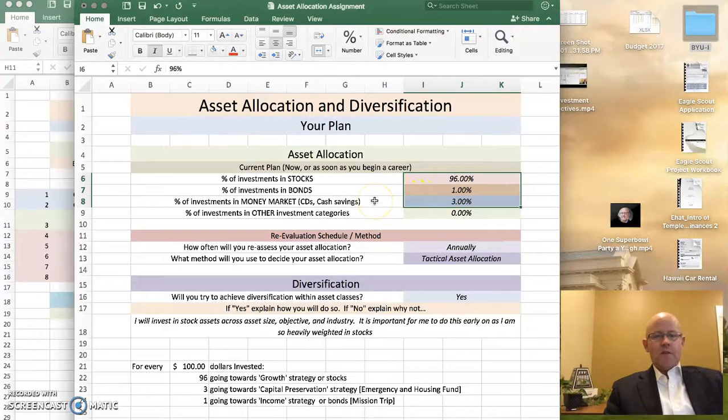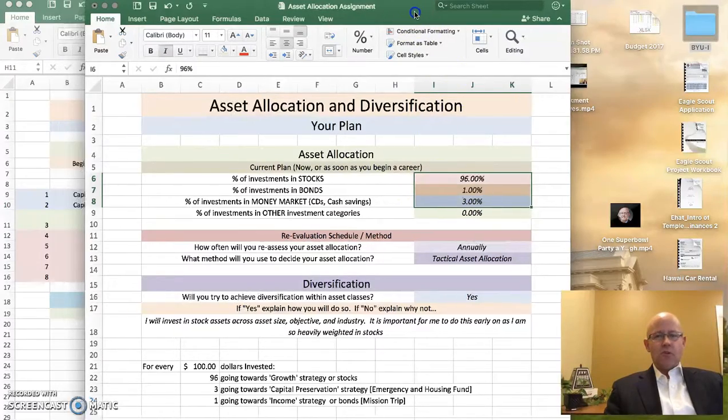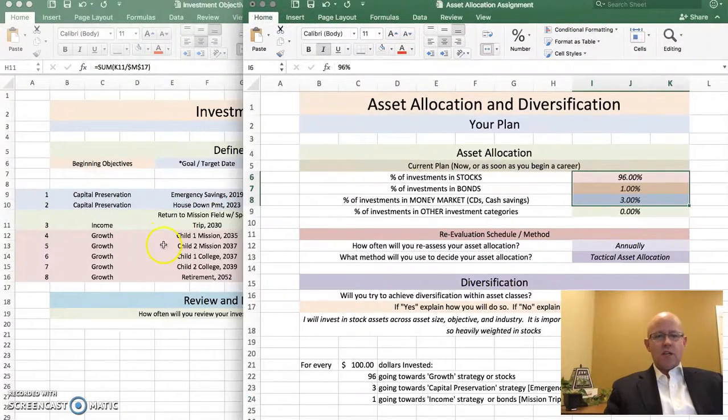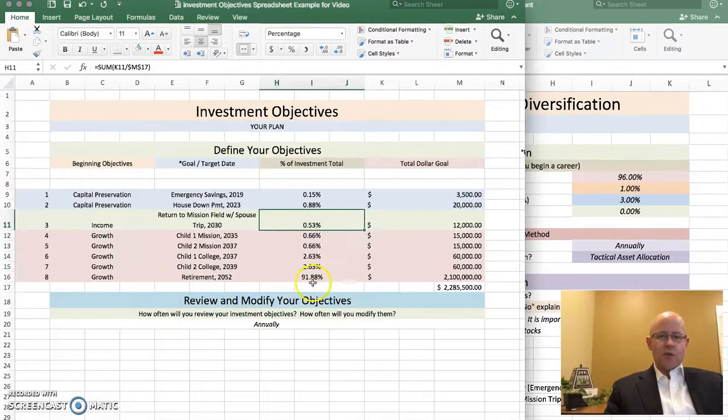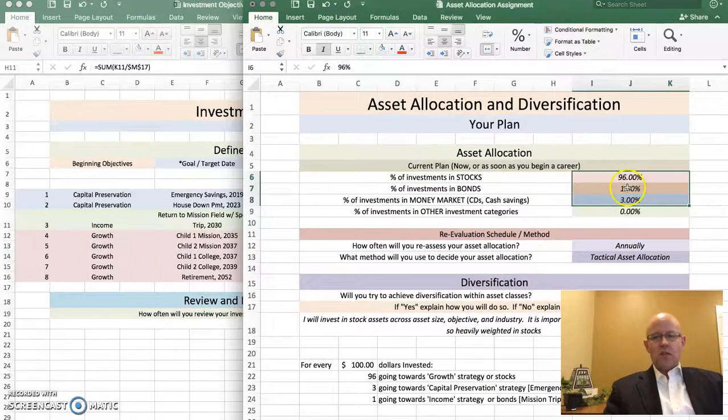It says, of my investment dollars, where am I going to put the money? Like I mentioned before, just because it shows that you're heavily weighted in growth doesn't mean that for every $100 you have invested you need to put in 98, or I put 96 over here, 96 of those dollars towards your retirement.